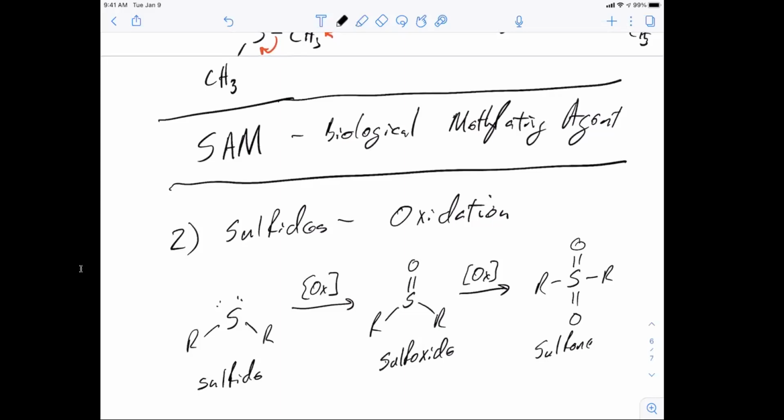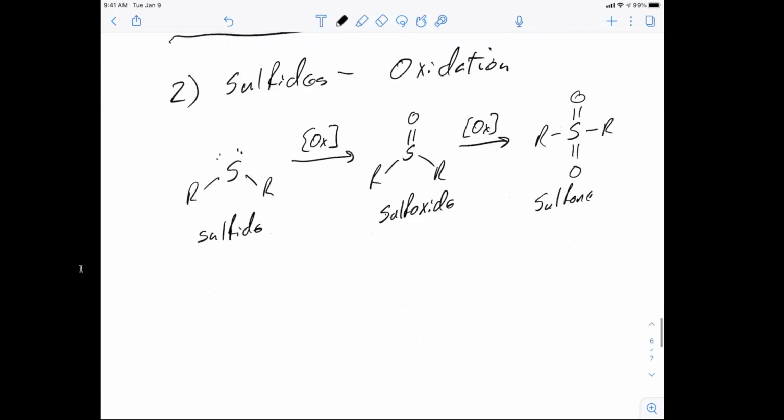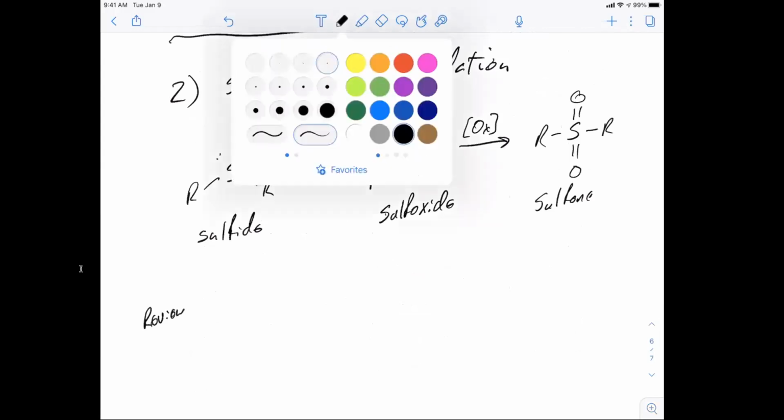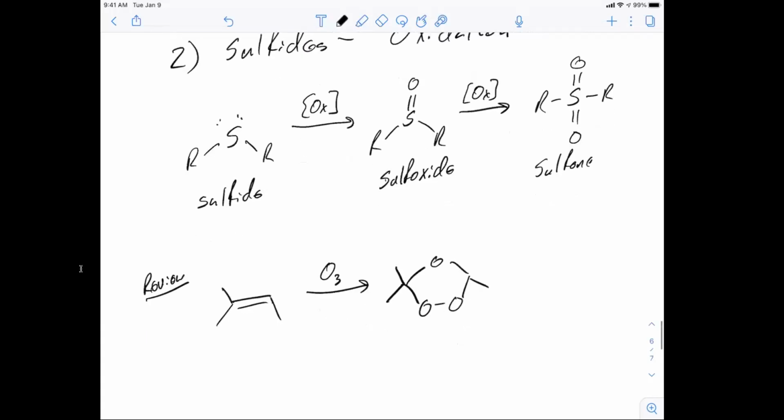And we've seen this before, right? If we take an alkene and react that with ozone, we're going to end up getting the ozonide. And then one of the ways to move forward is a mild reducing agent. We can use the DMS, dimethyl sulfide.